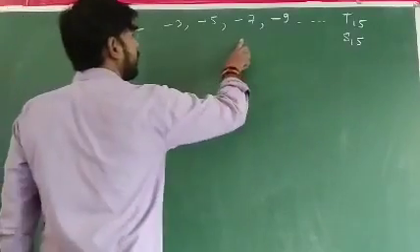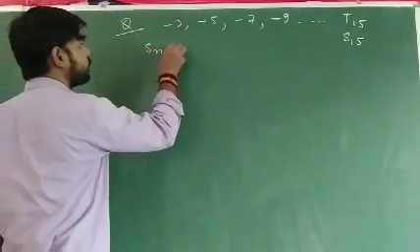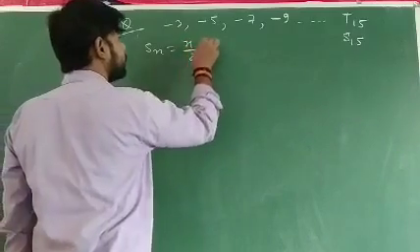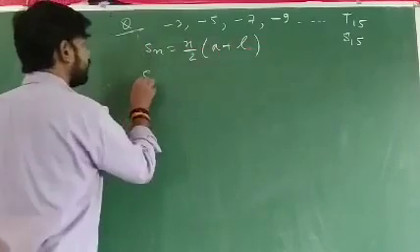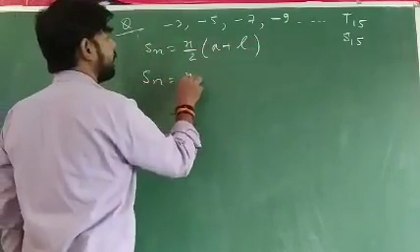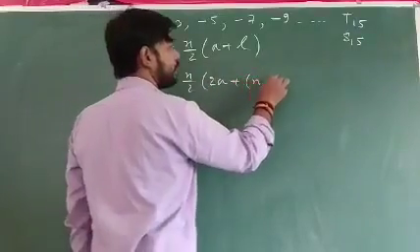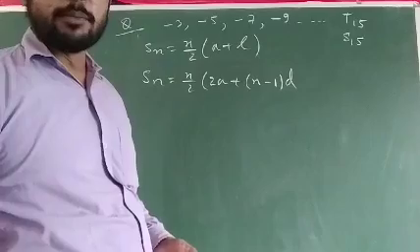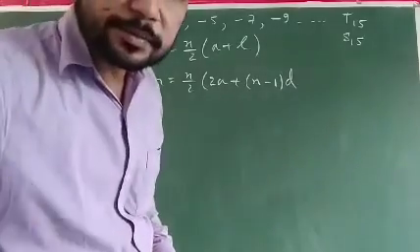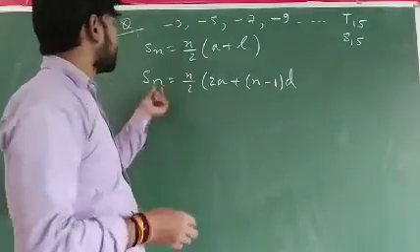To find the sum, I have mentioned already two formulas: Sn equals n by 2 into (a plus L), and Sn equals n by 2 into (2a plus (n minus 1) into d). We have mentioned the two formulas of Sn, so you will use one of them to find Sn.